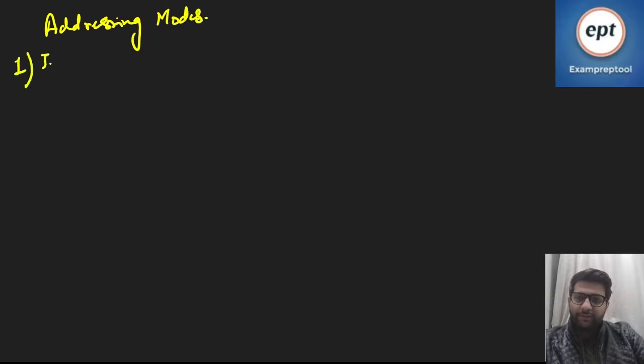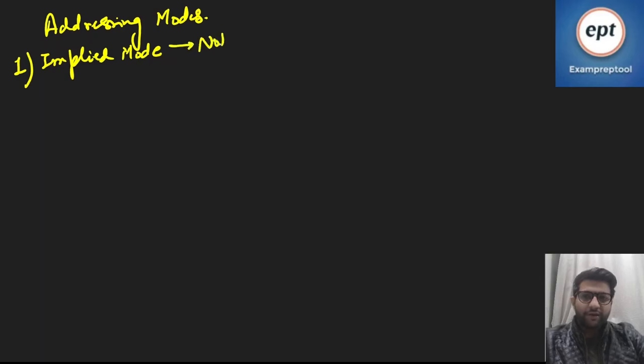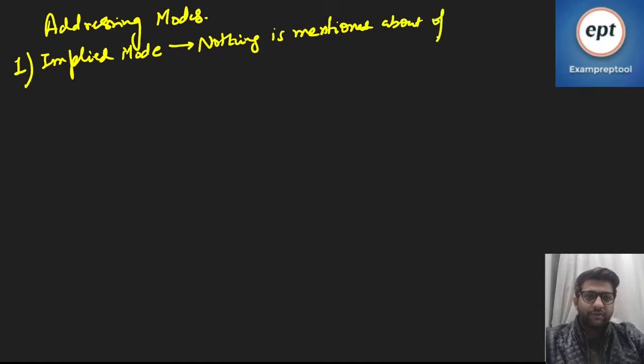Let me just describe them in brief. The first one is the implied mode, right? In this particular instruction, nothing is mentioned about the operand in the instruction, so the effective address of that particular operand will be taken implicitly.